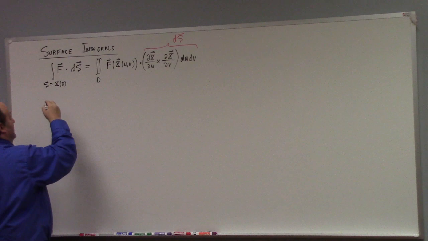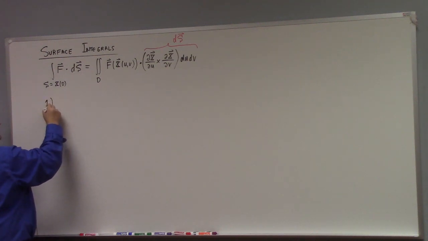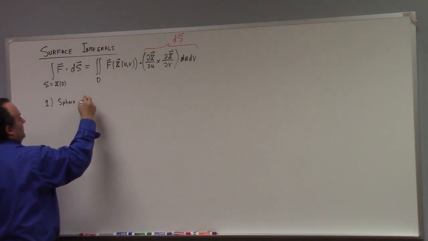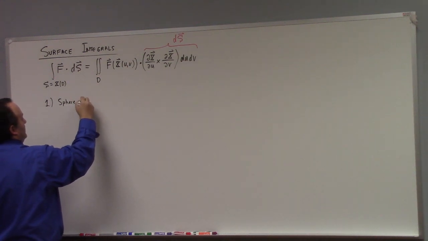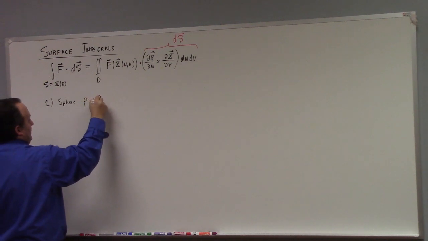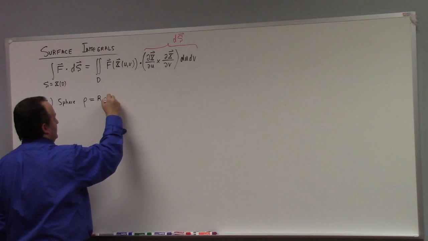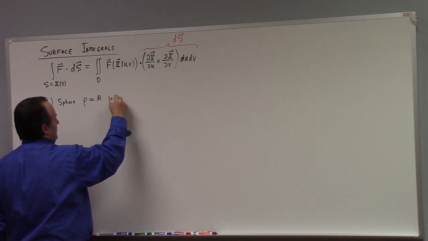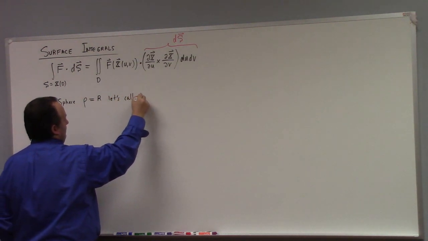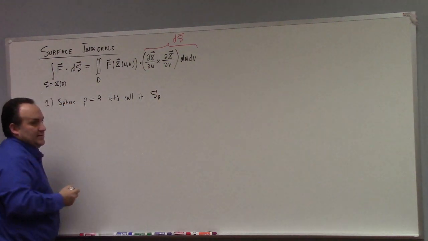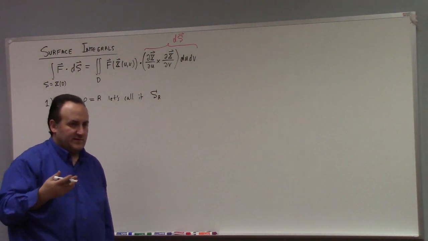And last class we worked out number one, if we have a sphere, rho equals r, positively oriented. Let's call it S sub r. That's not a standard notation or anything. It's just the notation I'm trying to use in here.